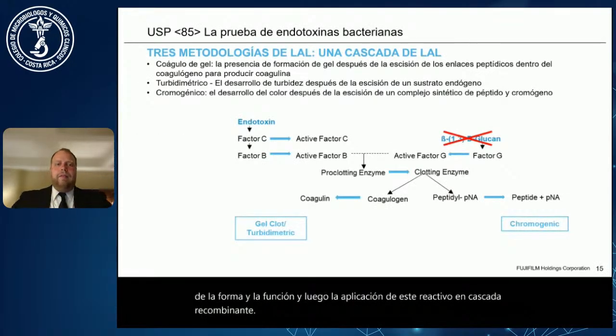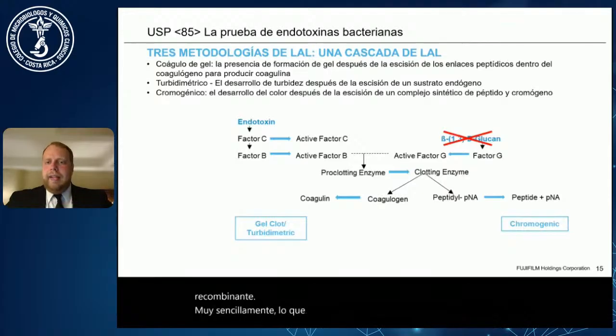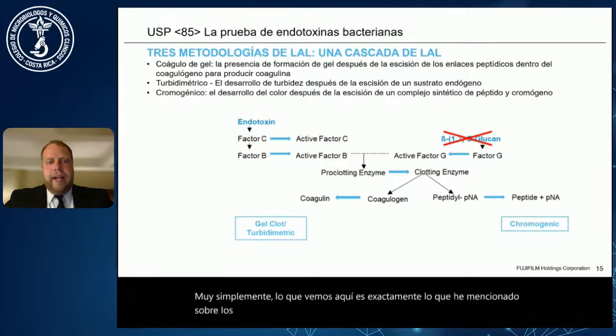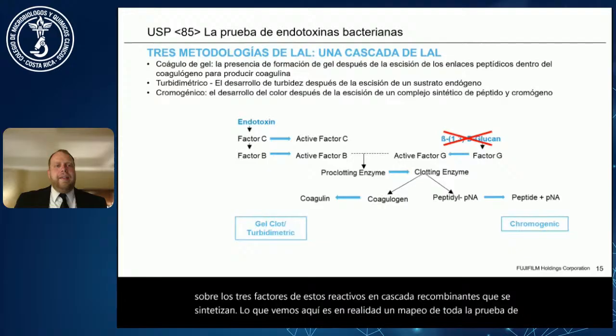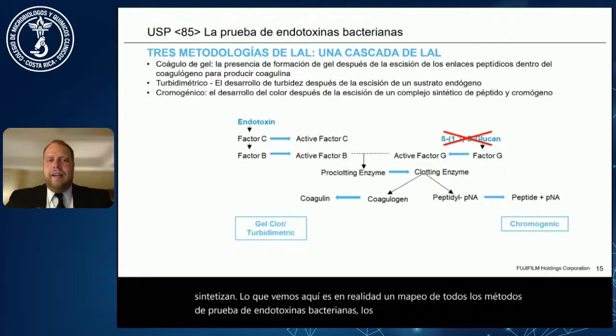Very simply, what we see here is exactly what I have mentioned about the 3 factors of these recombinant cascade reagents being synthesized. What we see here is actually a mapping of all of the bacterial endotoxin test methods. The 3 methods listed as gel clot, turbidimetric, and then chromogenic methods.